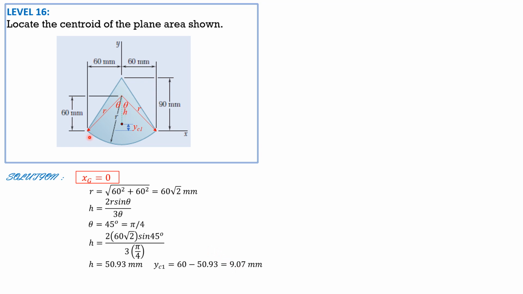And the area of the sector is 1/2 r squared times this entire angle, which is 90 degrees, or pi over 2.